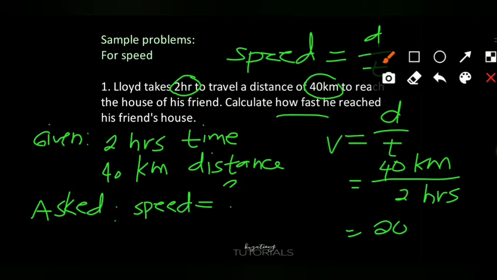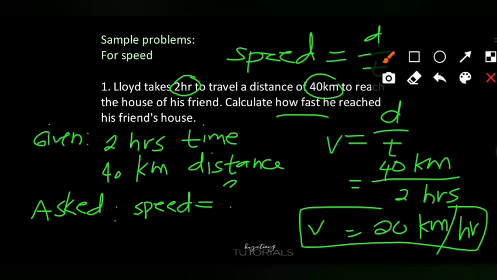Then ang atong sumpa is ato ra ni itapad si kilometers ug si hours. Tapad nato. So 20 kilometers per hour. Okay? So mao ni ang atong speed. 20 kilometers per hour.